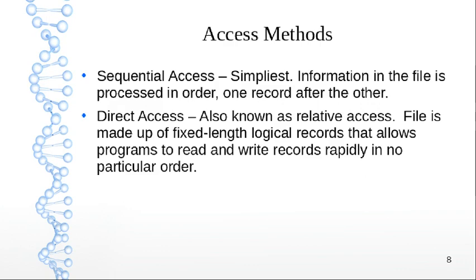For what reason is the direct access much faster? The reason is, in the direct access, the accessing and modifying of data has no particular order. So in the direct access, the access is not the same as the sequential, which is from top to bottom.